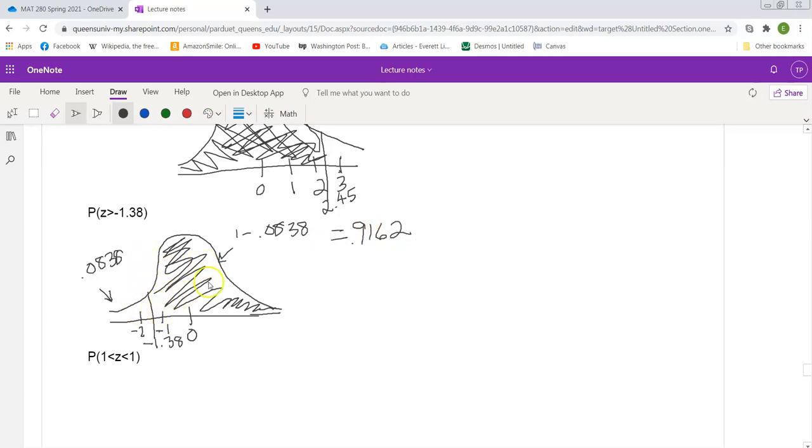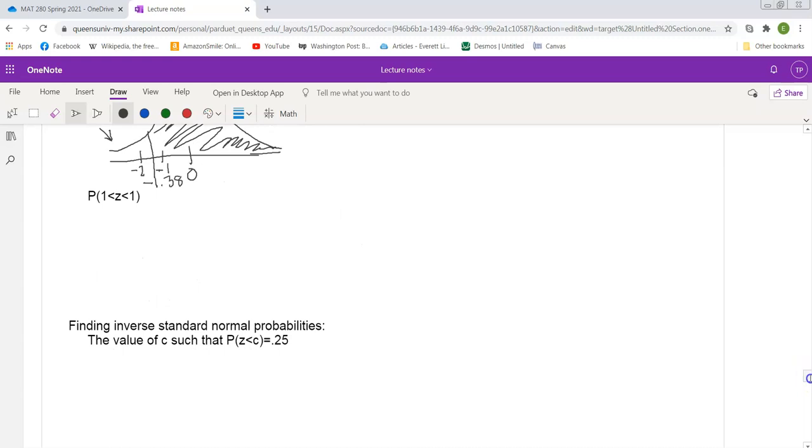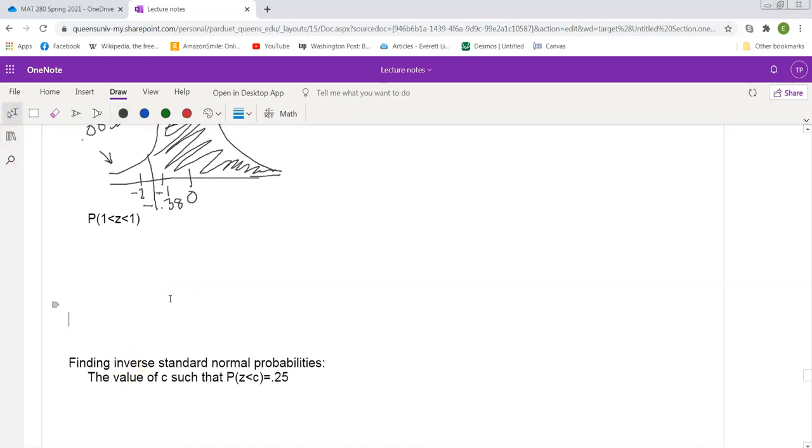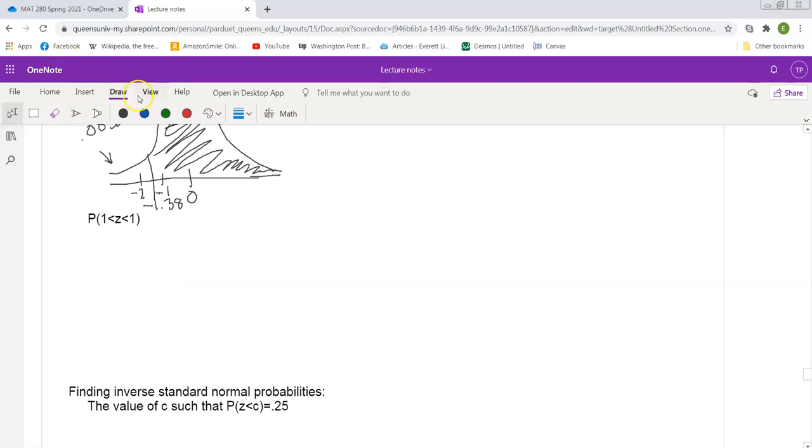And again, I think you can tell by looking at that, it looks about right. Now, a lot of times we'll want to do a between probability, so the probability that z falls between two numbers.